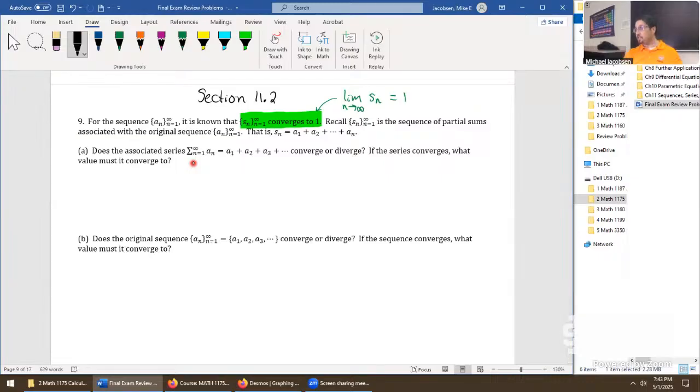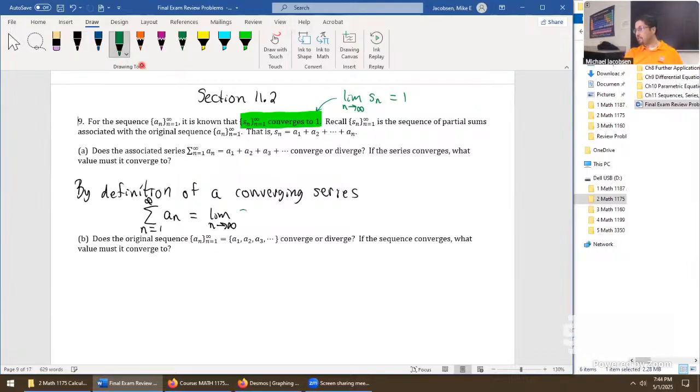This is by definition. We'll say, by definition of a converging series, as defined in section 11.2, summation as n goes from 1 to infinity, an is now the limit as n goes to infinity of Sn, the sequence of partial sums, provided this limit actually exists.